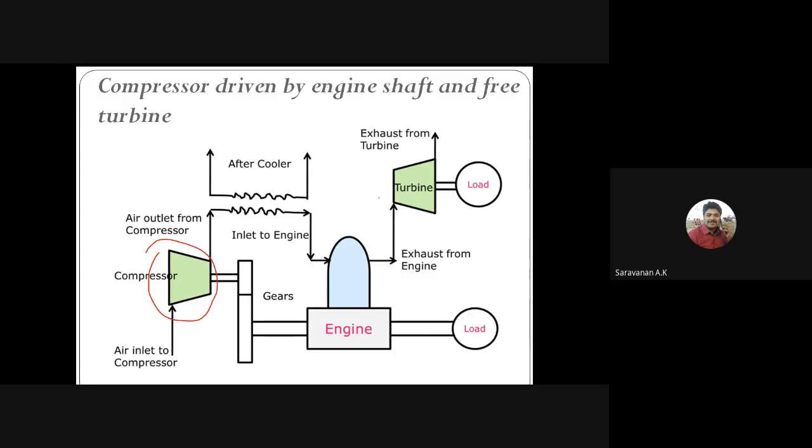Here we are using the supercharger, and here we are using the turbine. The engine runs the supercharger and the exhaust gas runs the turbine, so there is no connection between the engine and the turbine. This type of arrangement is known as generator type supercharging. You have to remember that.